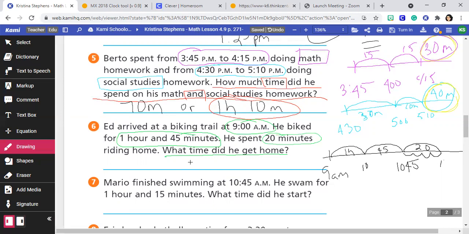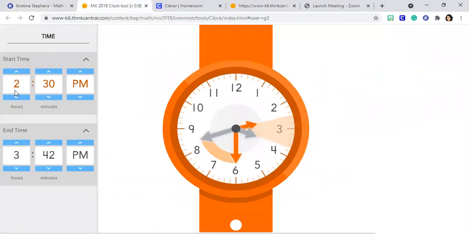11:05. Did you hear me pause? I had to pause because we went from 10 o'clock to 11 o'clock. I couldn't just say 45, 50, 55, 60, 65 because I crossed that hour mark. If you need to look at a clock, use your analog clock for this. Use your iTool clock. I could also have done this.